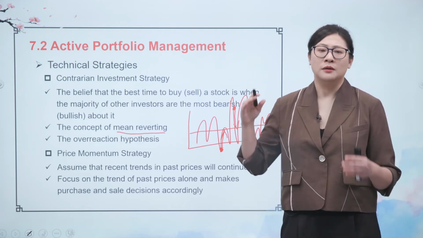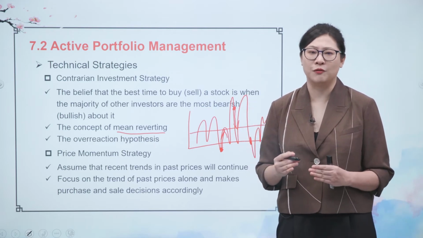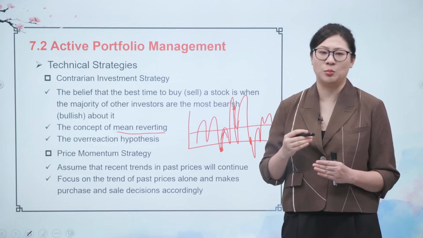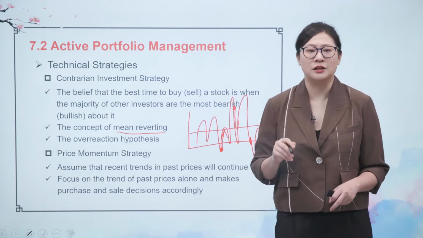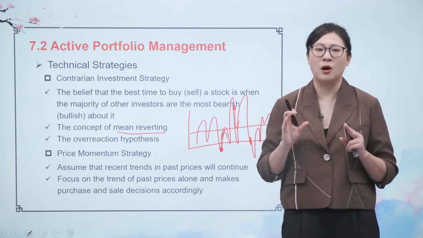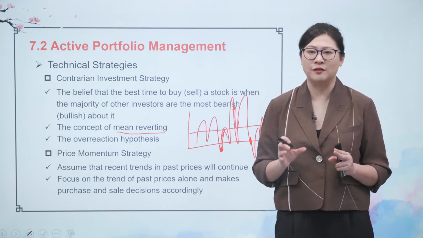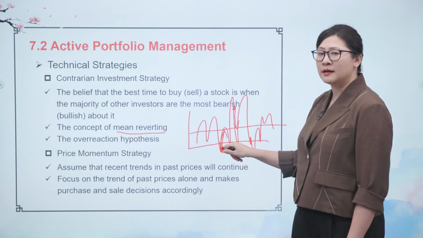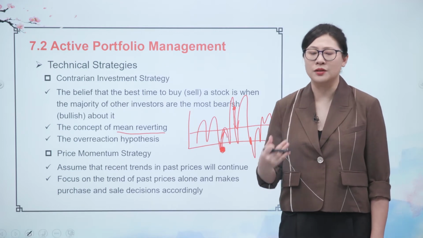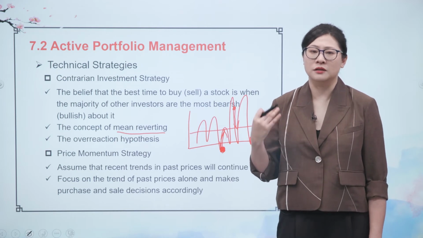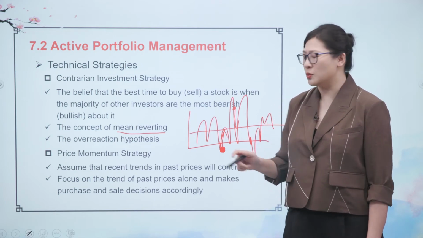So that's two different concepts for your investment. For this contrarian investment strategy, it is kind of an overreaction hypothesis. So here we may think all the investors overreact to the news about this stock price, and it will go back.